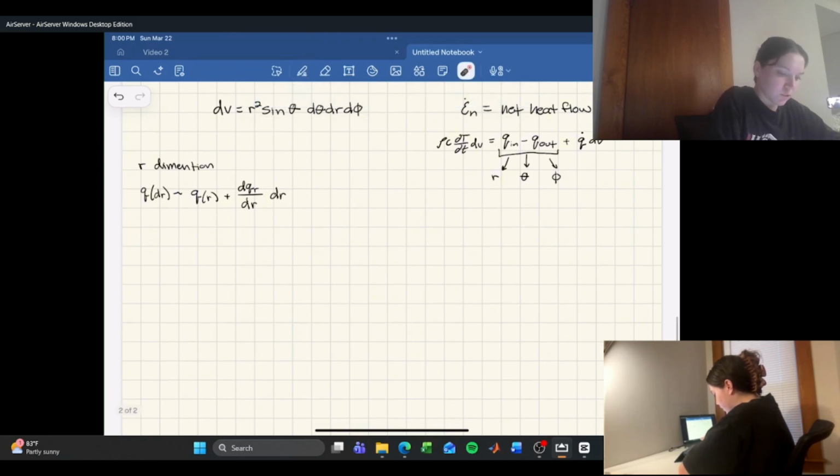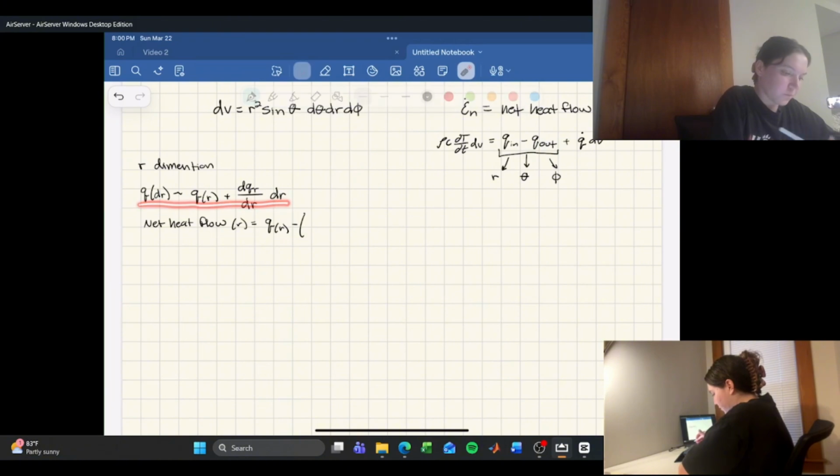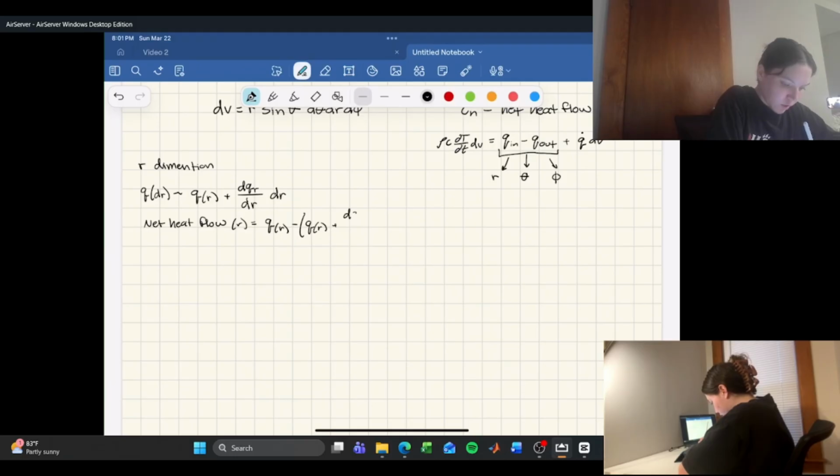And we said over here that the net heat flow is the heat flow in minus the heat flow out. So the net heat flow of R is going to be the heat flow of the position that we know minus this term here that we just found, which is the heat flow of the position that we know plus the change in heat flow over the change in position times the overall change in position.